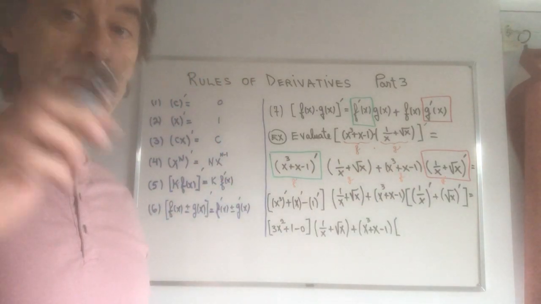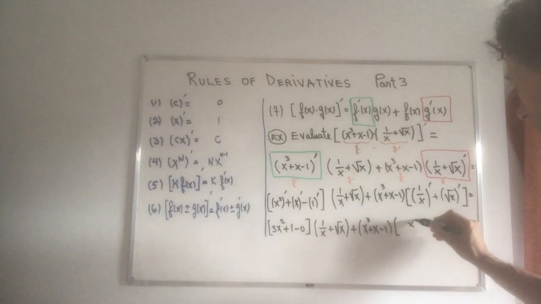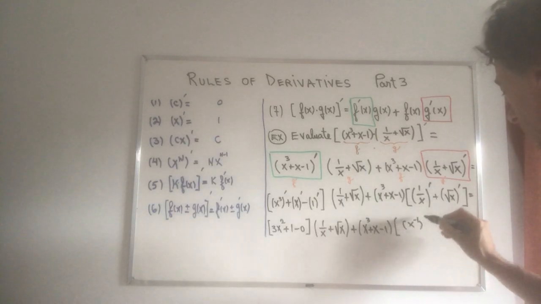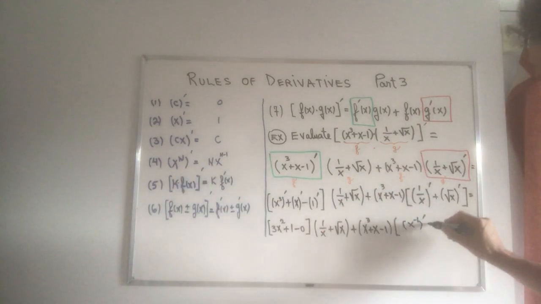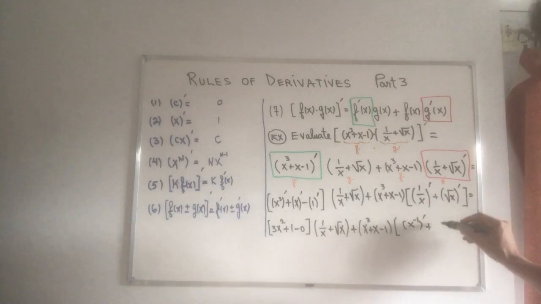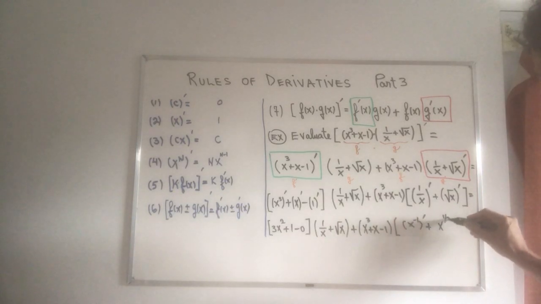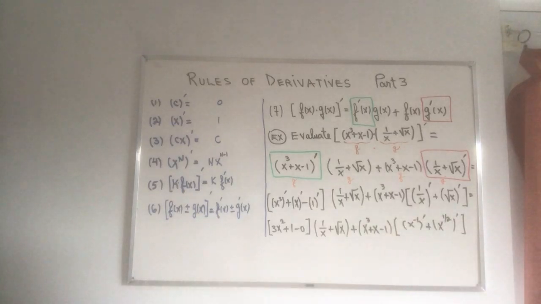But if I bring the x up, then I will have the derivative of x to the minus 1. And that I have rule 4 to help me solve. Plus, oh, we've seen this guy before, root x. Yes, that's x to the 1/2. So x to the 1/2 also needs to go prime.